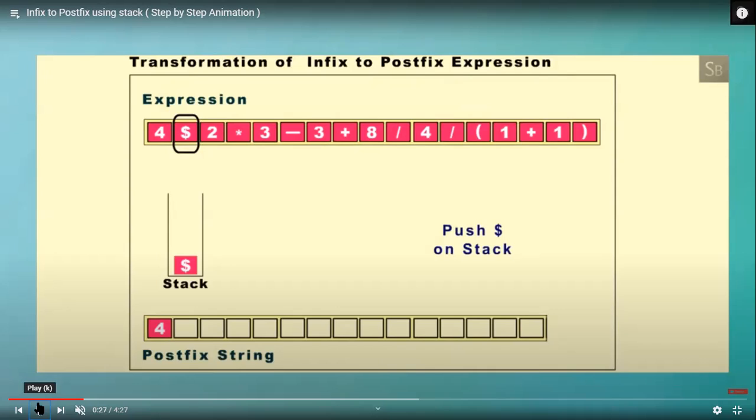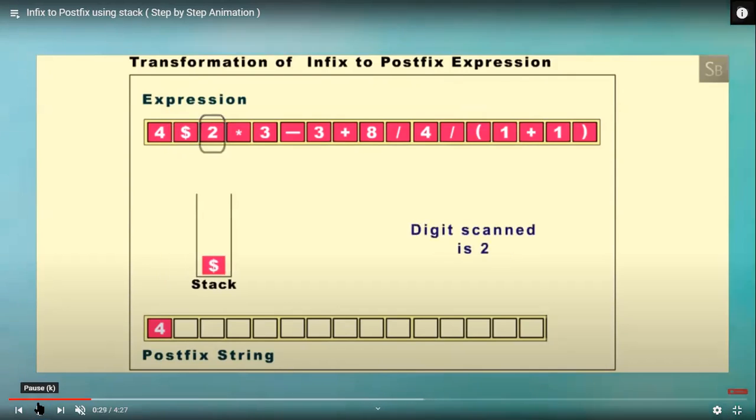There is nothing to compare, as we don't have any operator present in the stack, so the dollar will be placed in the stack. The next digit scanned is 2. It is a constant, so it will be placed in the postfix string.